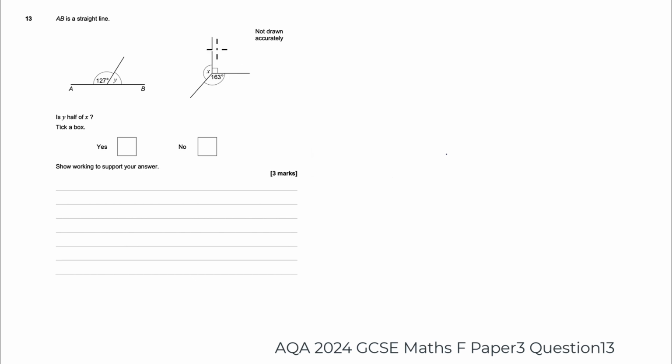So let's tackle the value of x first. Now in the animation you saw that the three angles around a point add up to 360. Now we already know two of these angles. There's a 90 degree angle, the right angle, and there's 163 degrees.